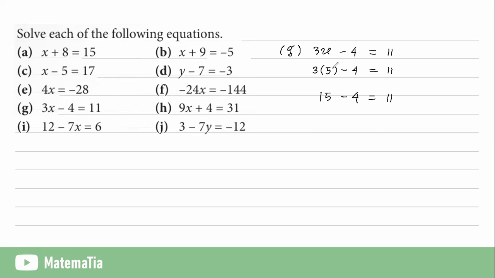So here actually we have 15 minus 4 is equal to 11. So it's correct, right? It means x is equal to 5.